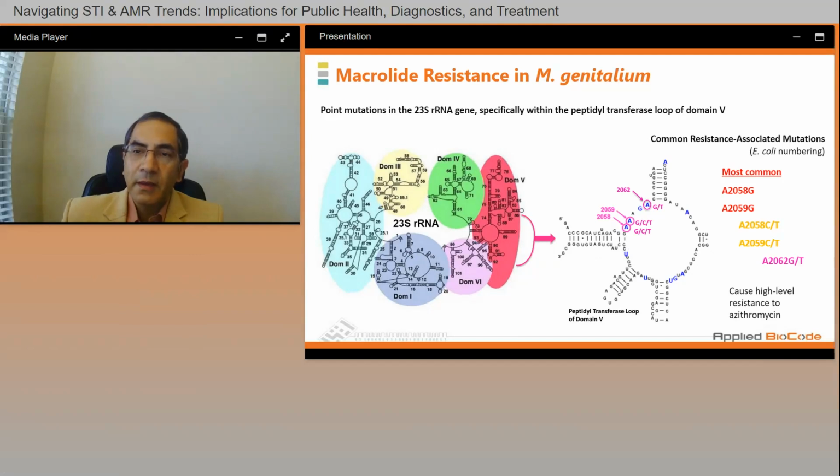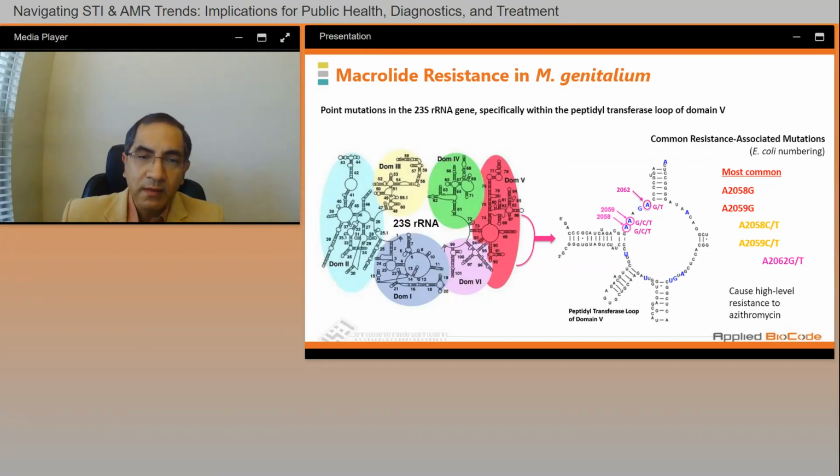Macrolide resistance in M. genitalium is driven by mutations in the 23S rRNA gene, specifically within the peptidyl transferase loop of domain 5. Common mutations that are associated with resistance are listed on the right side of the slide. Specifically, A2058G and A2059G are the most common mutations detected and are associated with high resistance to azithromycin.